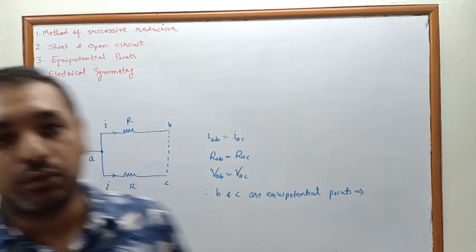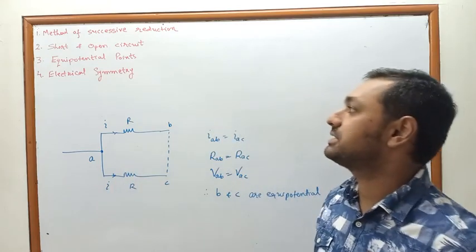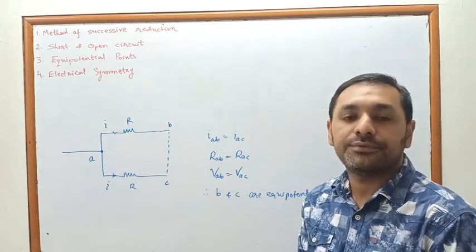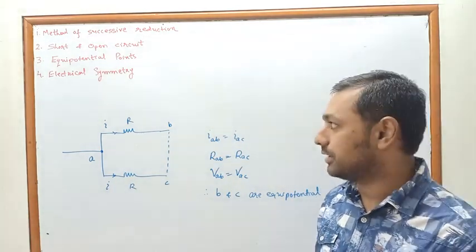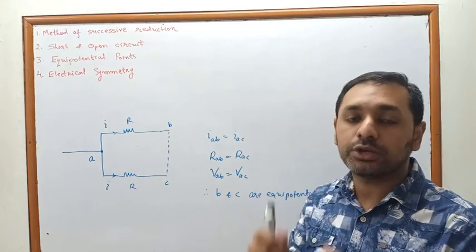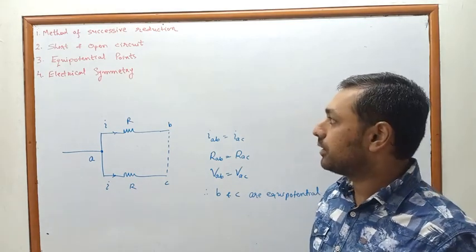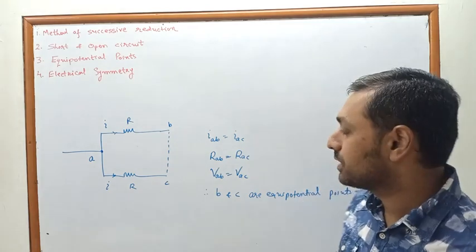Now let us discuss the fourth method, which is electrical symmetry. If you find symmetry in any given circuit, you can join 2 points and simplify the network.